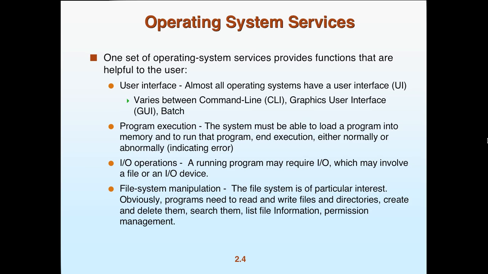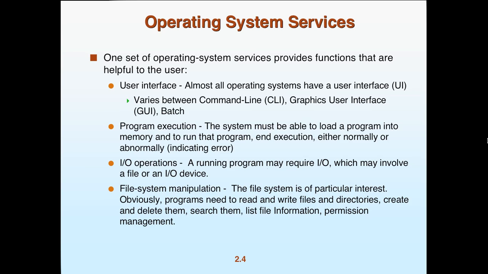Why people use computers, so they can run Microsoft Office, Word, email programs and stuff. So executing those programs is a big one. I/O operations as well, being able to read and write to USB drives, CD-ROM drives, hard drives, all sorts of input and output operations, and then file system manipulation.